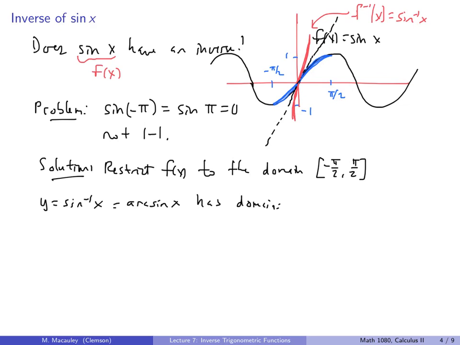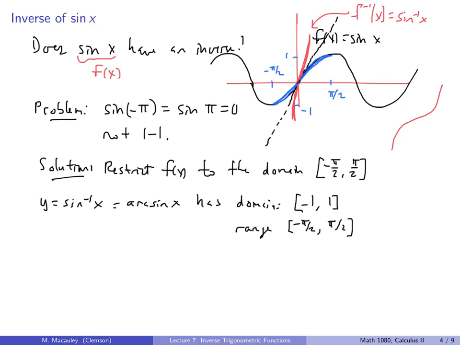So the domain has to be negative 1 to positive 1, and it has range negative pi over 2 to pi over 2. Maybe I haven't drawn this perfectly. What it's supposed to look like, a little more accurate, is supposed to be more like that. Sort of like a cubic, but it's not a cubic.